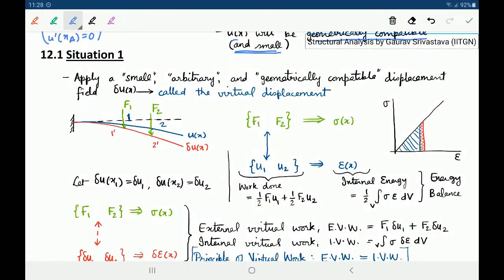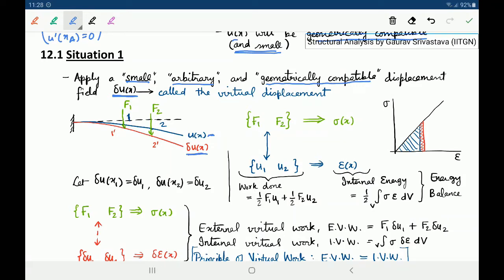Now let's consider a situation where we consider the system as above, and we apply a small, arbitrary and geometrically compatible displacement field. We are calling it delta U of x. Let's call it the virtual displacement. So let's say this blue line shows the field U of x, or the displacement. Let's say we apply a delta U of x on top of it.